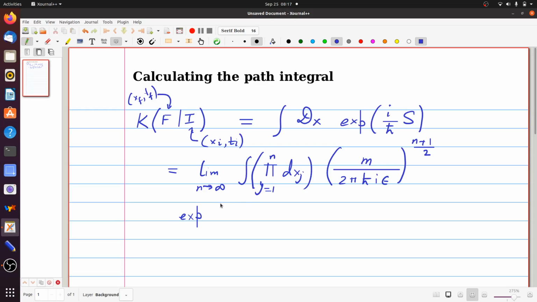exponential of i epsilon by h cross, sum over j equals 0 to n. So just one reminder once again, there's one more term in the sum here than there are integrals.